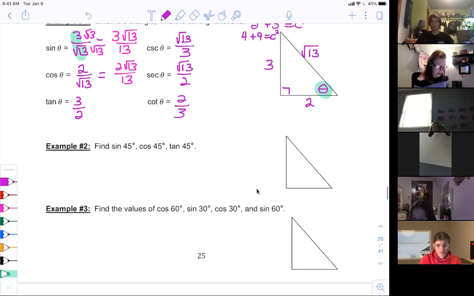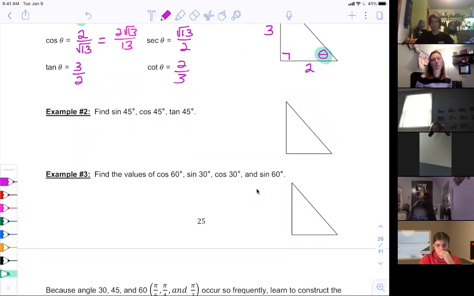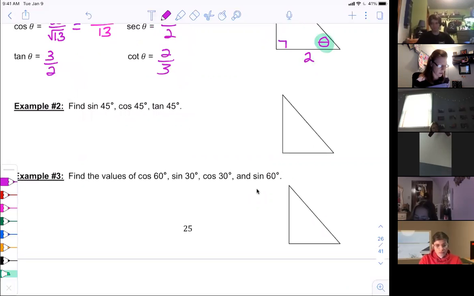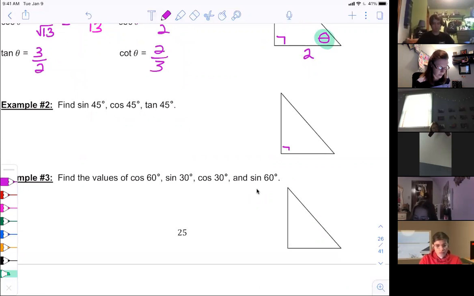Example 2 says find the sine of 45 degrees, the cosine of 45 degrees, and the tangent of 45 degrees. So now they're giving us a value for the angle, where above we were just given lengths of sides. So we're going to label these angles. If one angle is 45 degrees, the other angle has to be 45 degrees. This was one of our special right triangles. So when you have a special right triangle, the 2 sides across from the 45 degrees, we said that both of those sides were b because they're both the same.